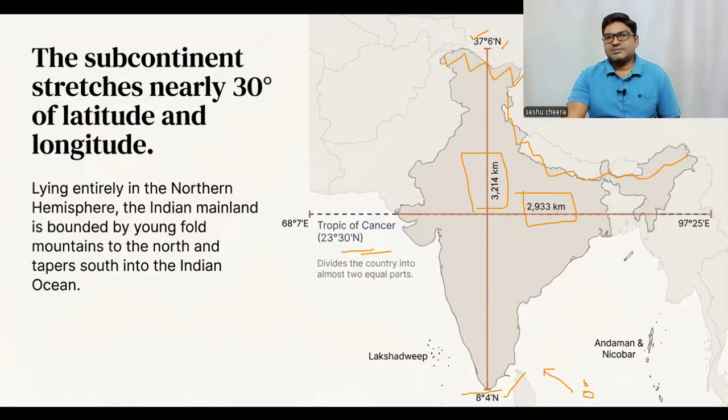Then, as we move towards the longitudinal extent, the longitudinal extent here is 68 degrees 7 minutes east to 97 degrees 25 minutes east. I'm sorry for that. So India, location-wise, is very large.